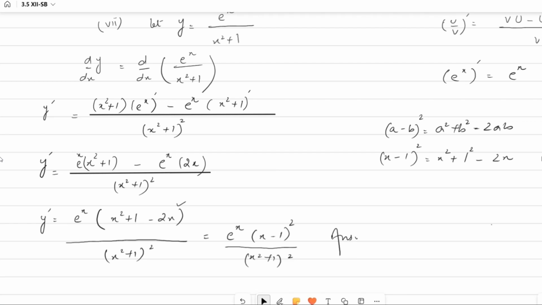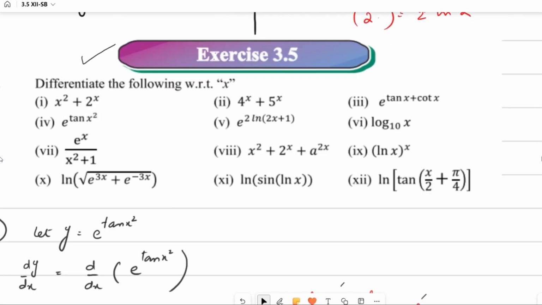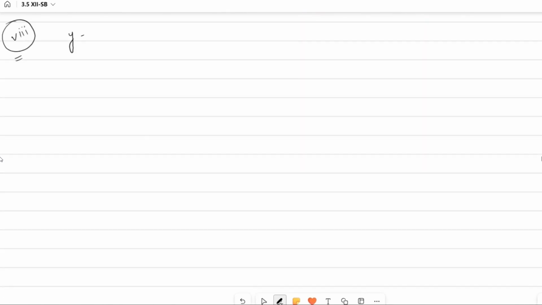Now let's move to its eighth part. Its eighth part is x square plus 2 raised to the power x plus a raised to the power 2x. So let's resolve this. Let y be equal to x square plus 2 raised to the power x plus a raised to the power 2x.